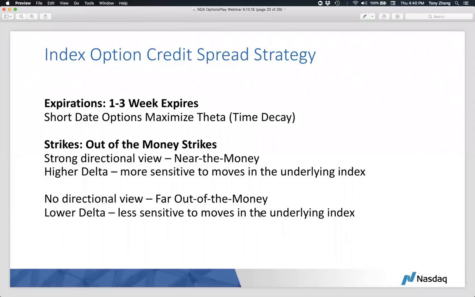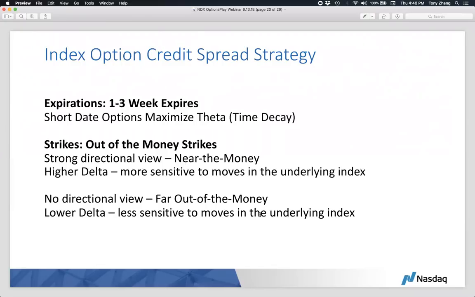The reason for this is because short-dated options really maximize theta. That's what you're looking for when you're selling credit spreads. You want to maximize theta, or time decay, and that happens in the last few weeks before expiration. So that's why you usually choose very short-dated options.